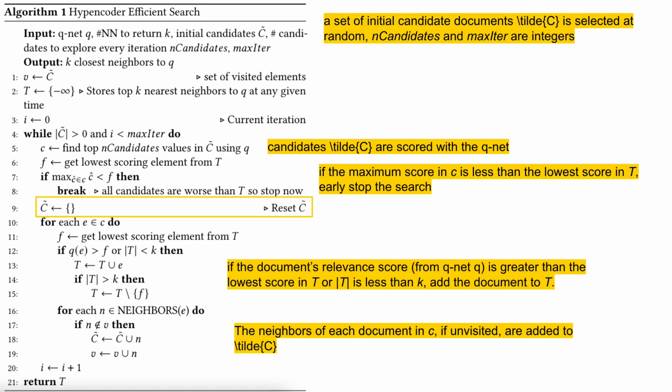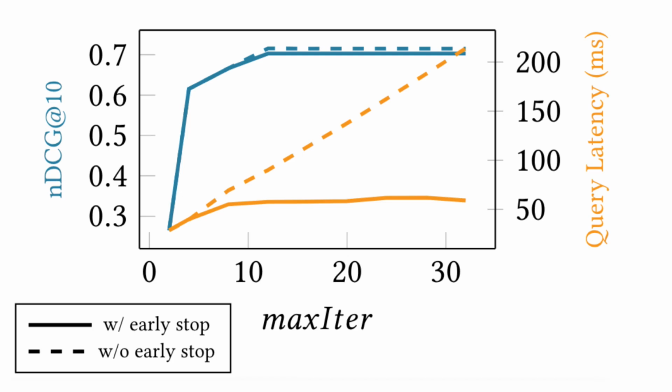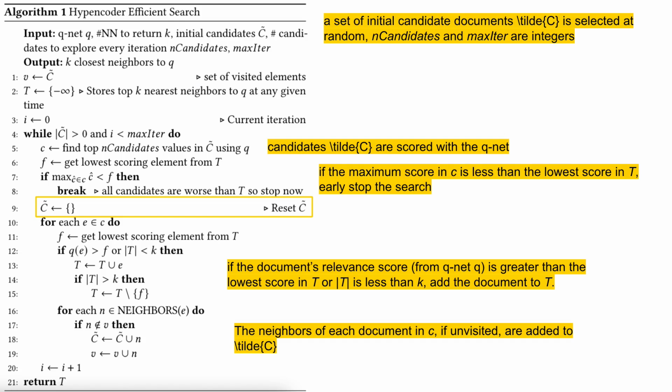I hesitate to say that because early stopping doesn't always work. So max iteration has the same concept of plateauing. But that was an interesting tension between neighbors being relevant and finding those pockets of documents deeper in your graph, even though they're farther away in terms of L2 distance.